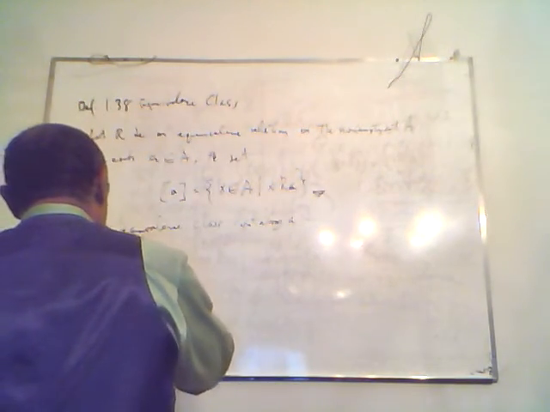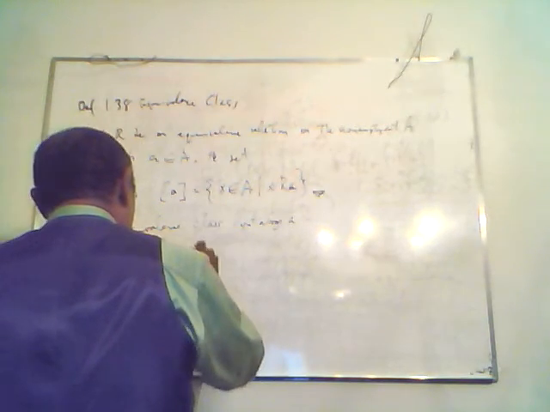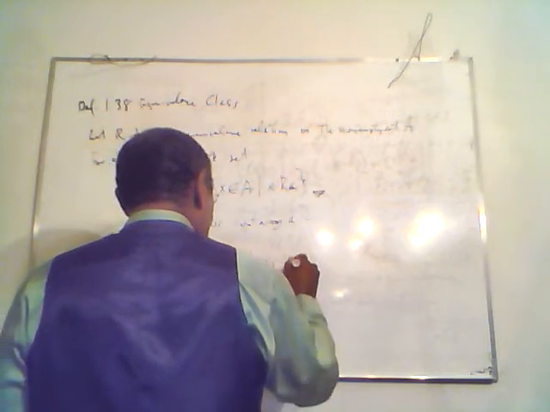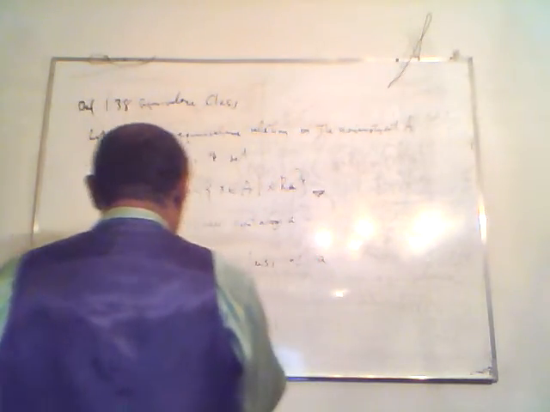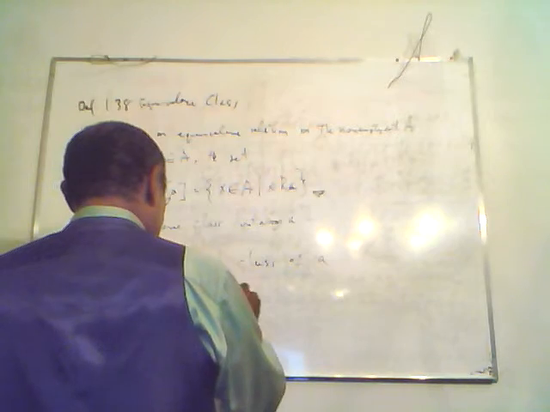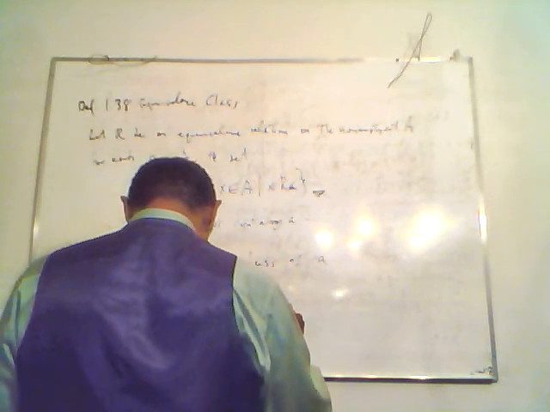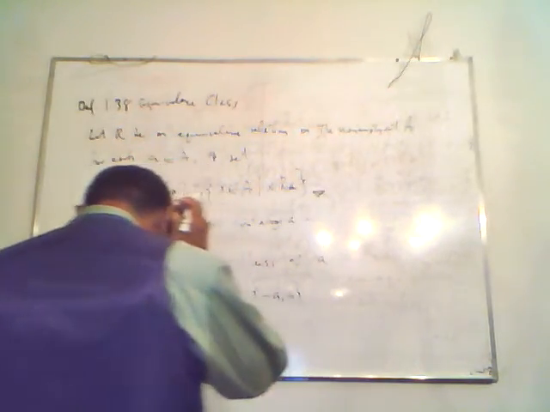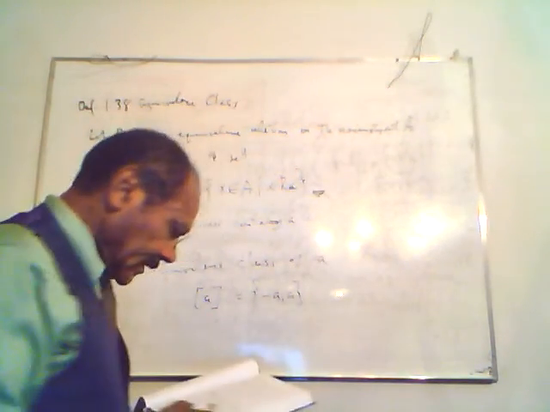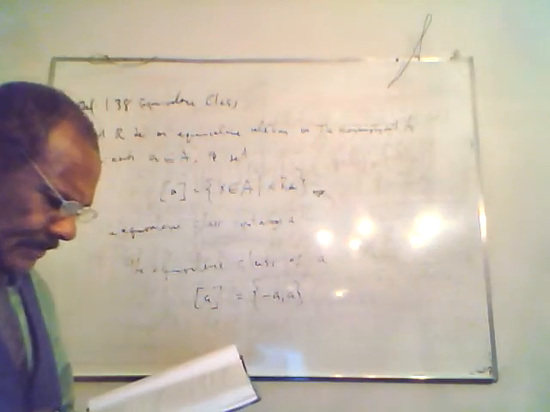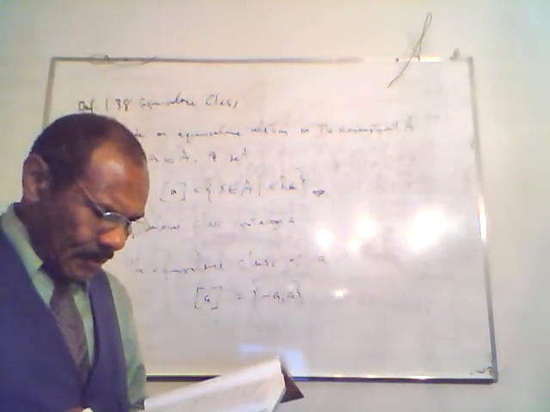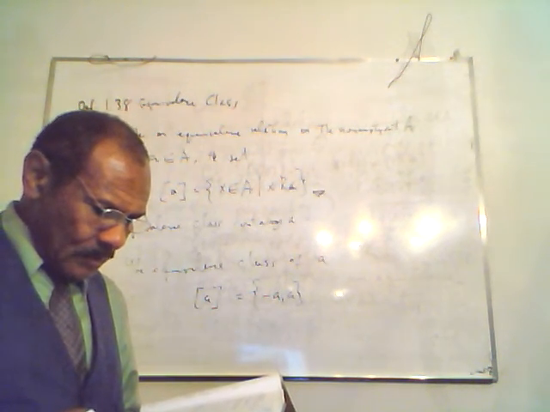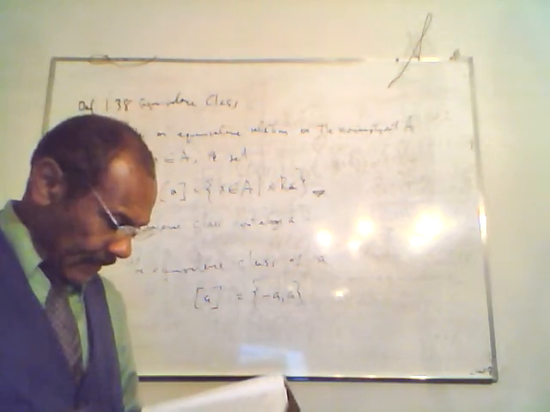The equivalence class of a is equal to the set a, negative a, since a and negative a are the only elements in Z with absolute value equal to the absolute value of a.